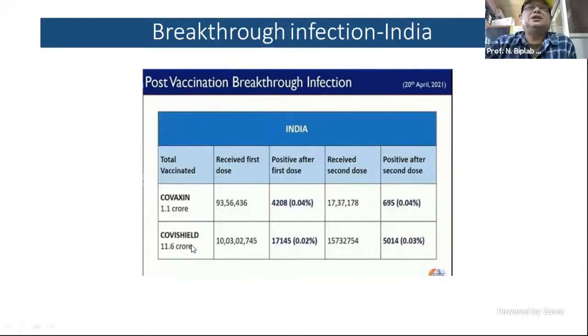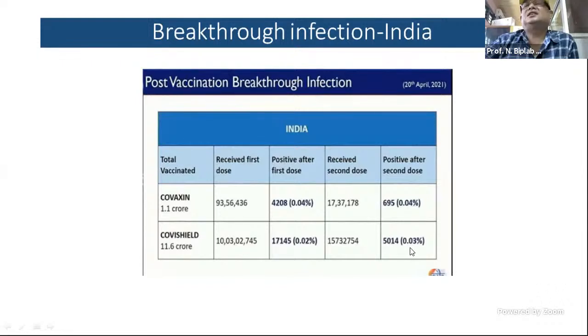when we are concerned about post-vaccination. So this is about Covishield. First dose who has received is about 10 lakh, and then again the positivity after the first dose is 17,000, and after receiving the second dose is about 15 crores, around 1 crore 57 lakhs, and the positive after the second dose is 5,014.